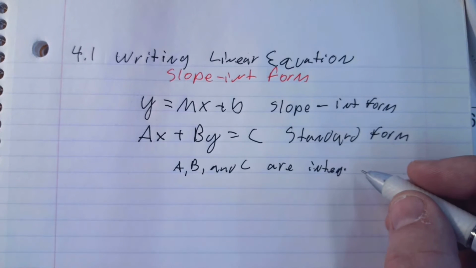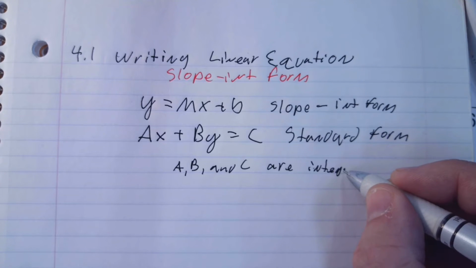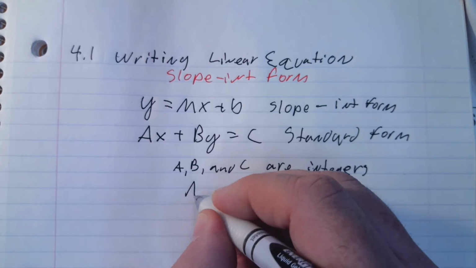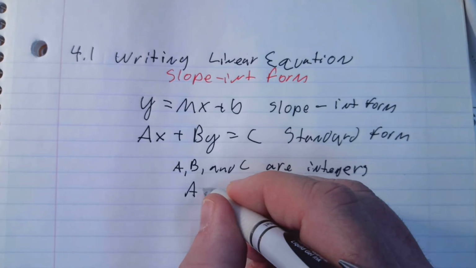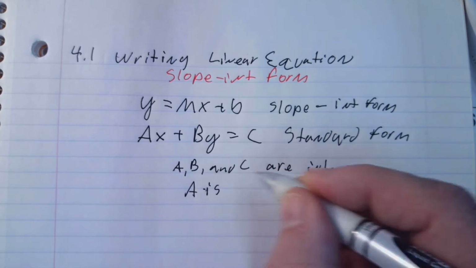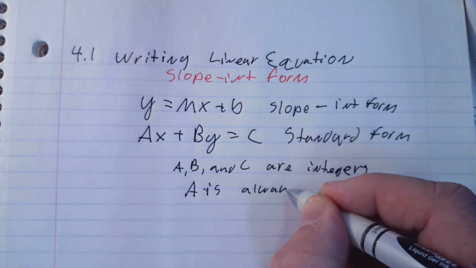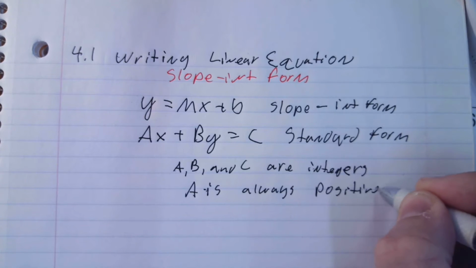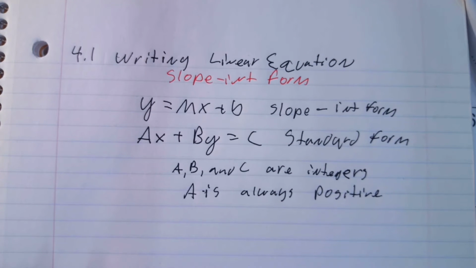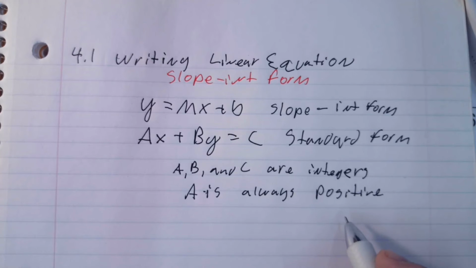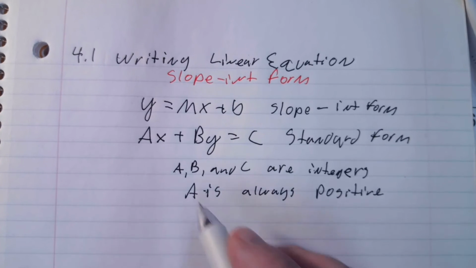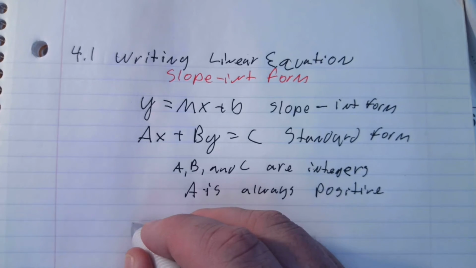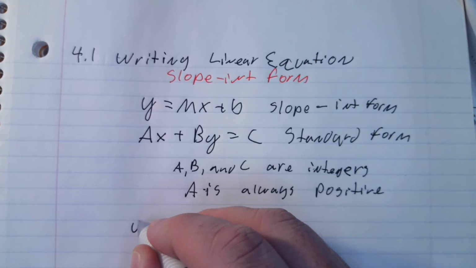You should remember what your integers are. Sometimes I mess up the vowels. And A has to be, it's always positive. It's not going to be negative. I guess technically it could be 0, but we're not going to go into that right now. So just know that.